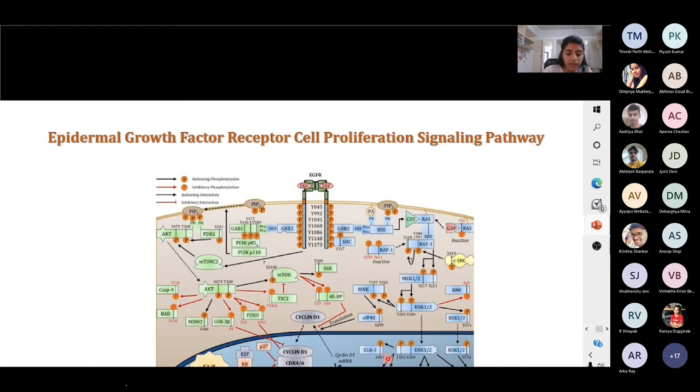The EGF activation pathway leads to receptor dimerization and transphosphorylation. As a result of this, it leads to the cascade of protein expression.